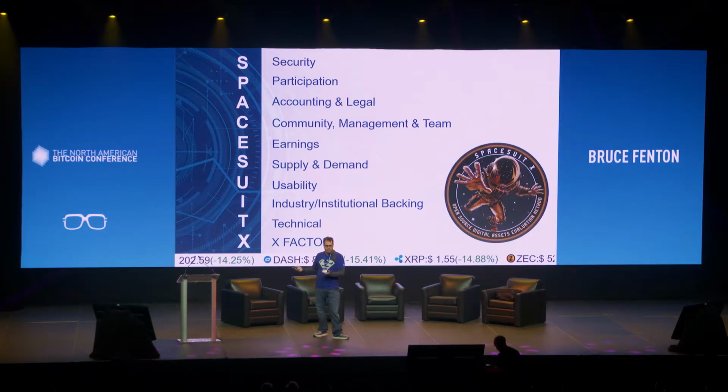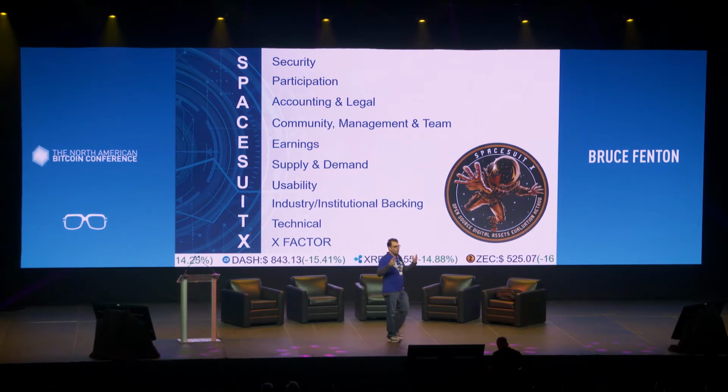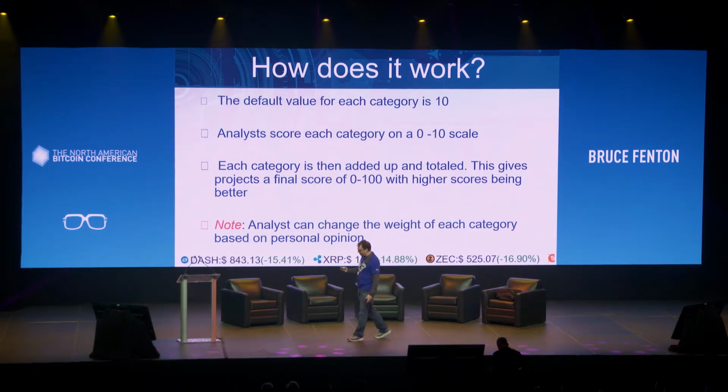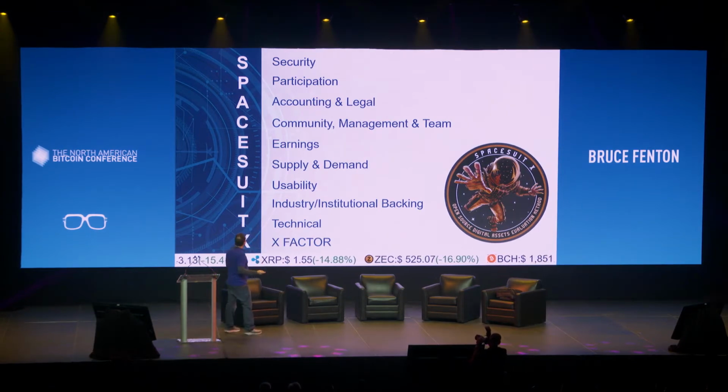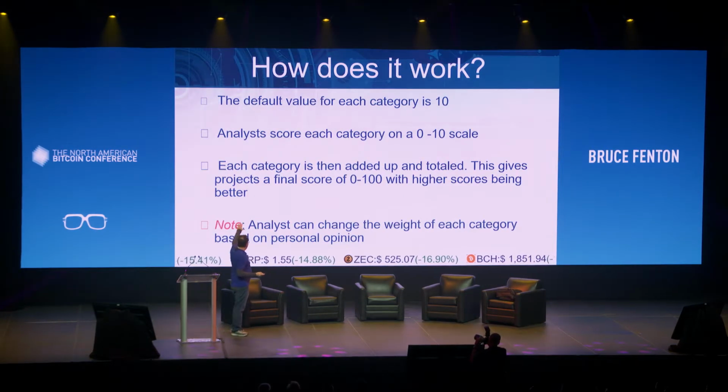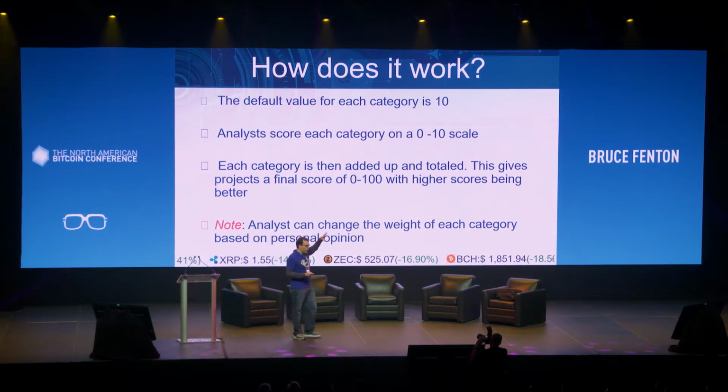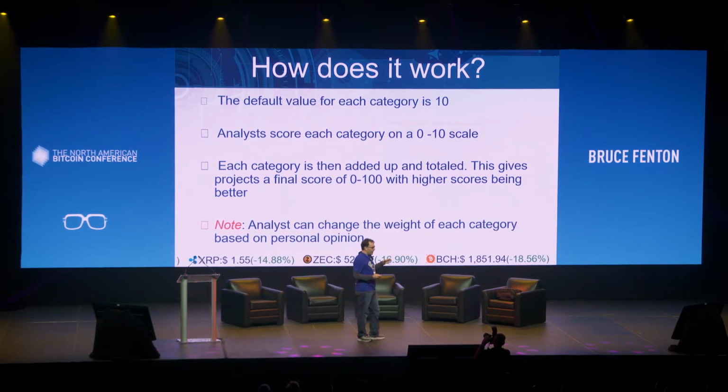So does that make any sense? No, it doesn't. It's the same thing as people have said, I make a new coin, issue 1,000 coins, sell one for $1,000, you have a $1 billion market cap. So anyway, those 10 things are things that you look for. Security, and I'll go through these one by one. Then you assign each of those a value from 0 to 10. And then at the end, you'll have a score of 1 to 100.